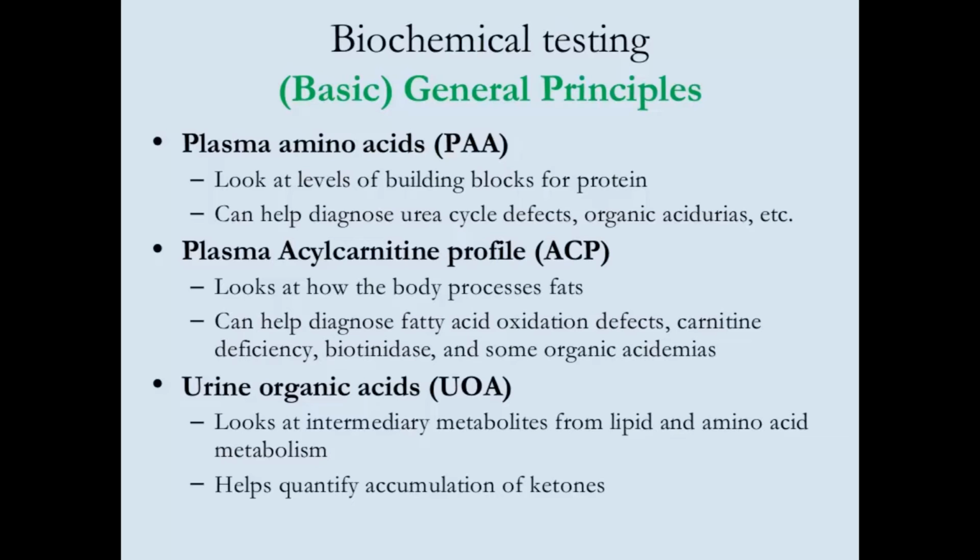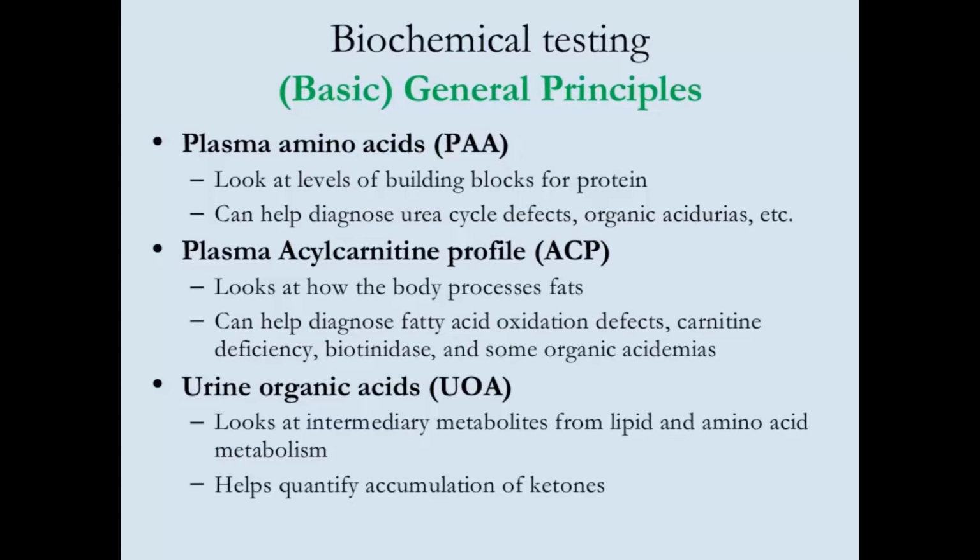There's also a test called urine amino acids, and it often gets confused with organic acids. And some departments, non-genetic departments, will order urine amino acids, and I'm not quite sure if they mean organics or if there's something else they're looking for.